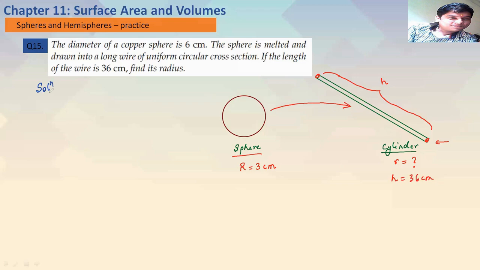So all we need to do is frame an equation. Volume of cylindrical wire is equal to volume of sphere. Got the idea? What is volume of wire? What formula are you going to use for this?